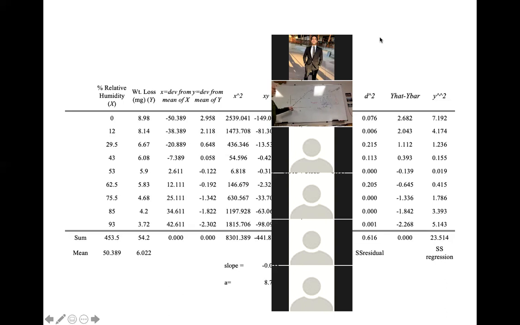So you can think of the line as being equivalent to the sample mean. The difference between the data points and the line is the equivalent of sums of squares residual, as in the ANOVA case. Y bar here is the average of the Y values regardless of X. The average for your data set in the example is 6.022 regardless of what X is. So one way of thinking of this is as the grand mean.